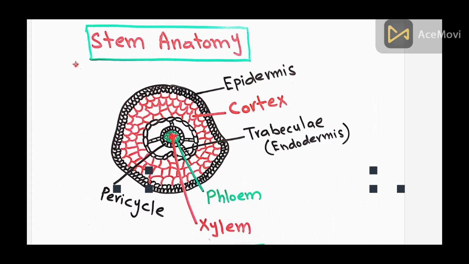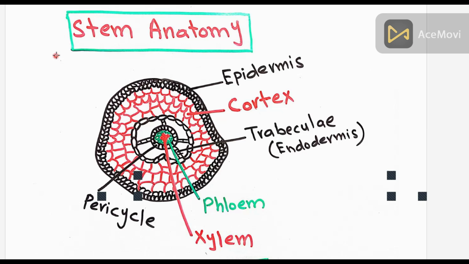This diagram is showing the stem anatomy of Selaginella. The outermost layer is a one cell thick epidermis. It is formed of thin walled rectangular cells. It is covered with thin cuticle. Beneath the epidermis, a many layered cortex is present.